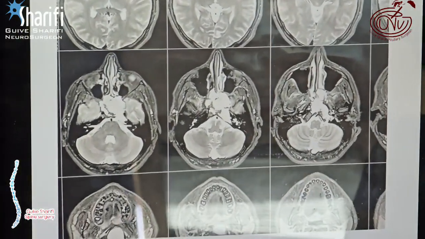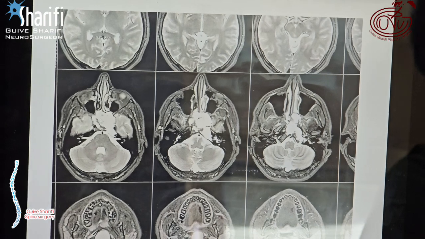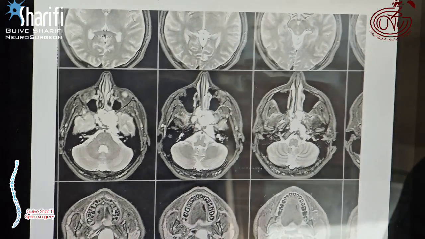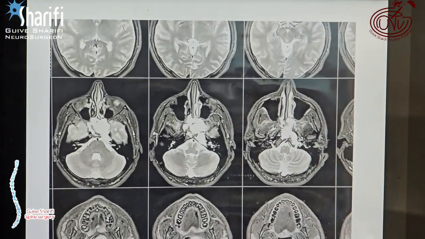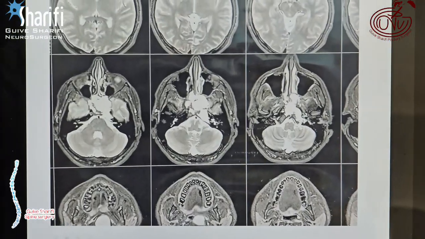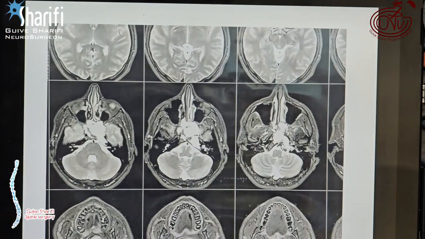And this is the tumor, filling every part posterior to the septum. This is the nasal septum, maxillary sinus, every cavity of the nose, between the turbinates, everywhere is filled with the tumor, and the tumor goes down near the jugular foramen with invasion of the clivus.